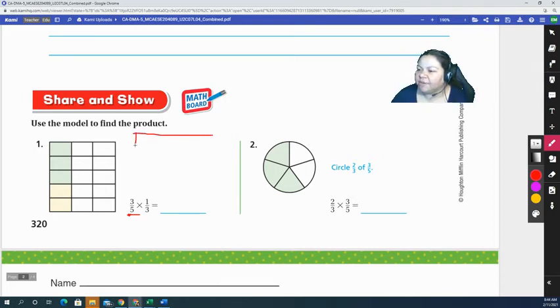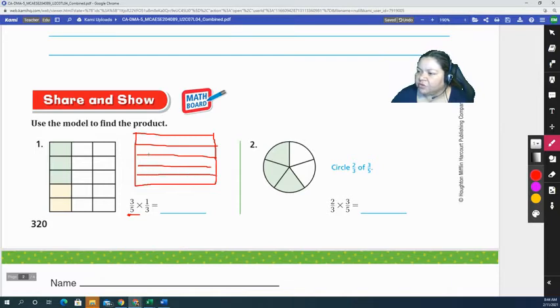So let's start off by drawing our model. I'm going to start off drawing my model by making 5 sections. Okay. So that's 1, 2, 3, 4, and then 5. I made 5 rows.